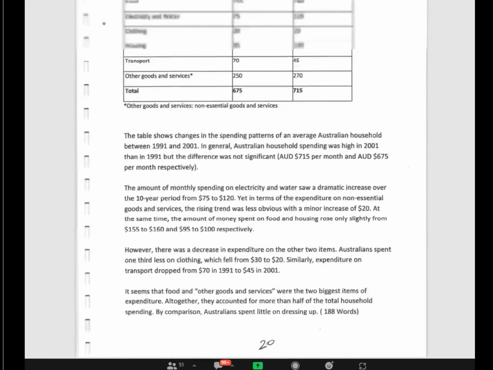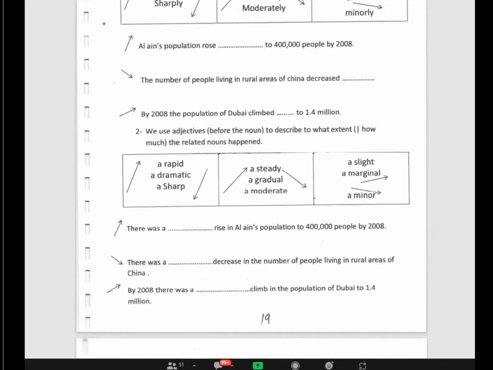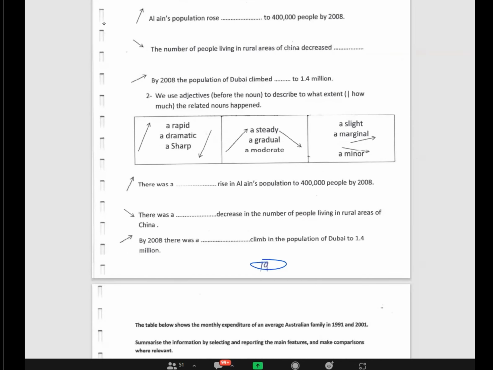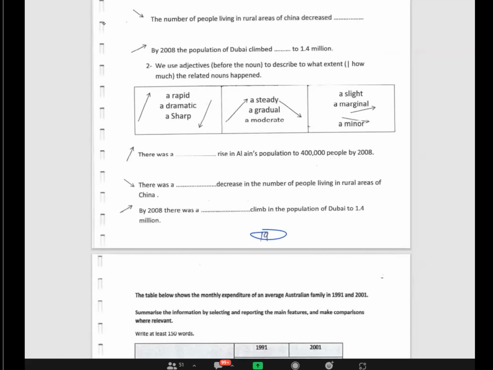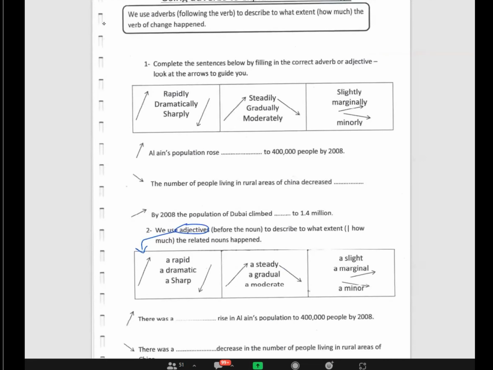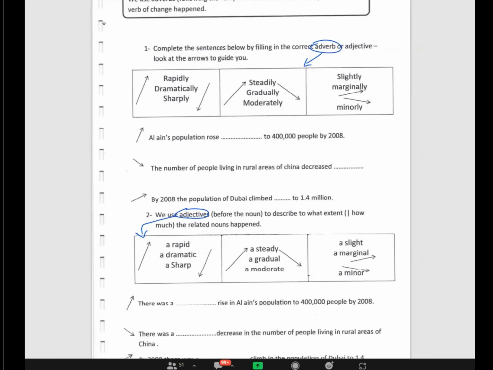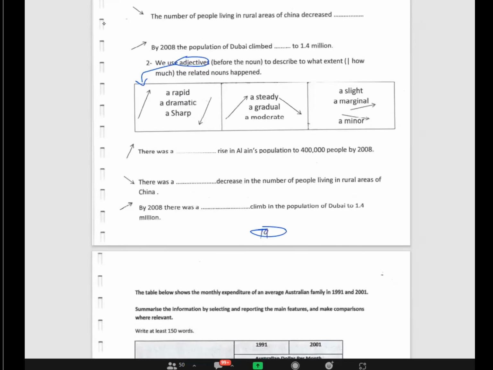Right, now let's do some grammar exercises. If you look at page 19, we will learn how to use the adjectives and how to use the adverbs. Okay? So we will start with the adjectives.